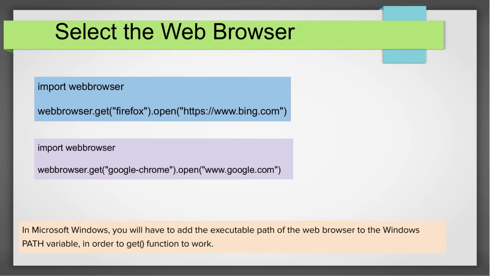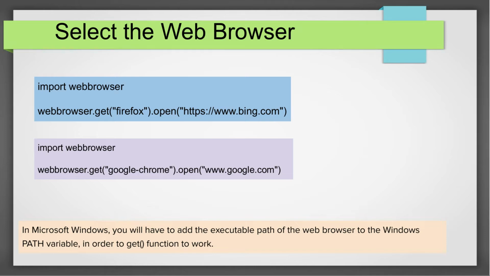Now we will discuss how to select a different web browser. The Webbrowser module by default uses the system default web browser, but by combining the open function with the get function, we can open a different browser installed on the computer. As per example 1, the given URL will be opened with the Firefox web browser.